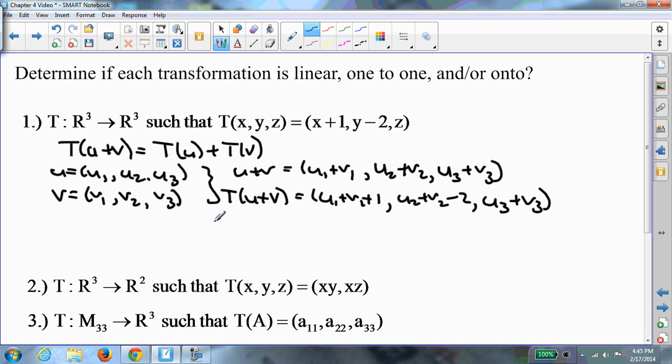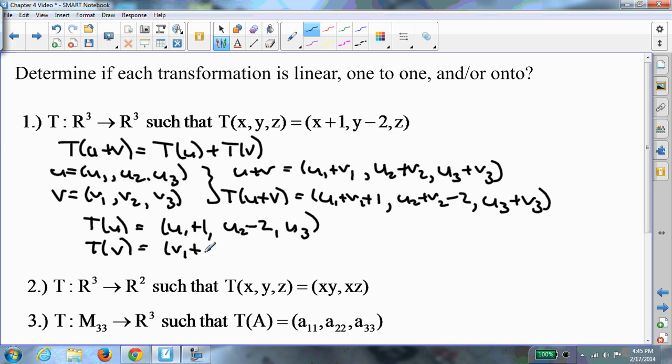Now if I look at this individually, T of u equals u1 plus 1, u2 minus 2, and u3. T of v equals v1 plus 1, v2 minus 2, and v3.